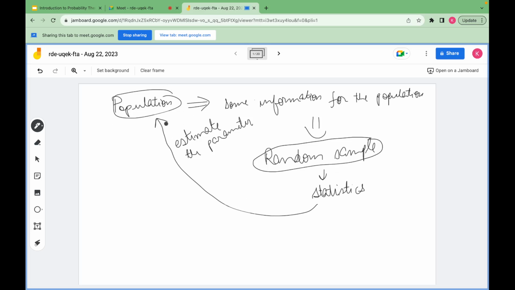So here the term estimator comes. An estimator is when we estimate something about the population by knowing the information regarding the sample.